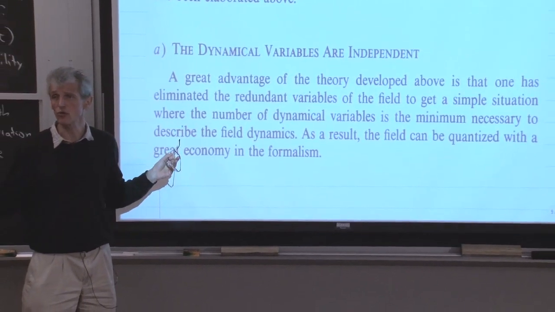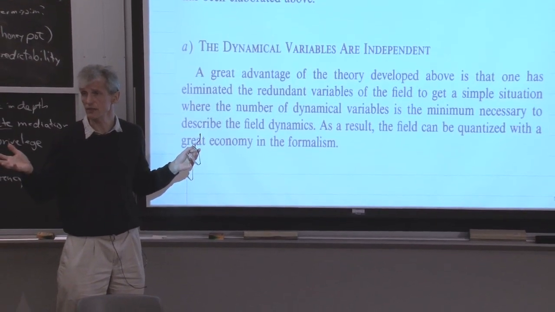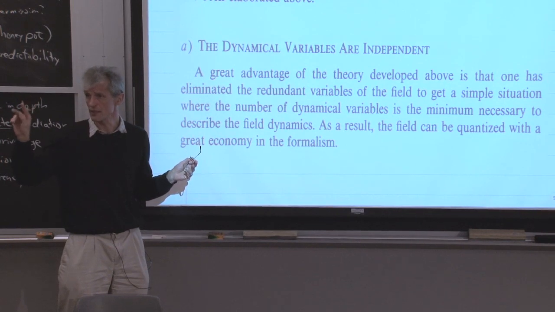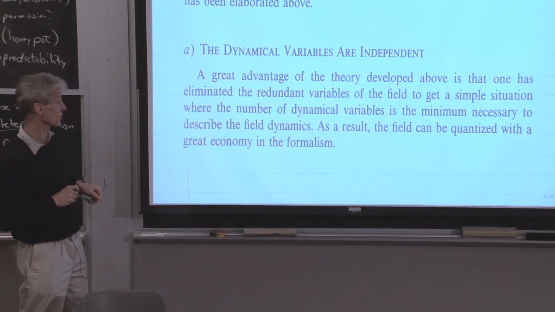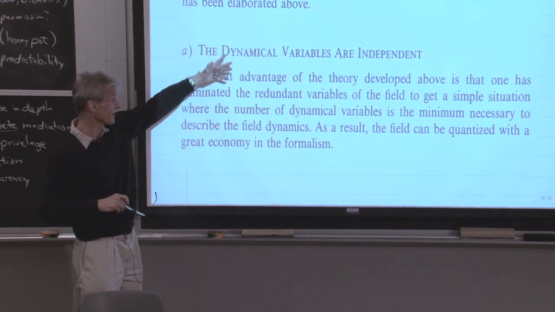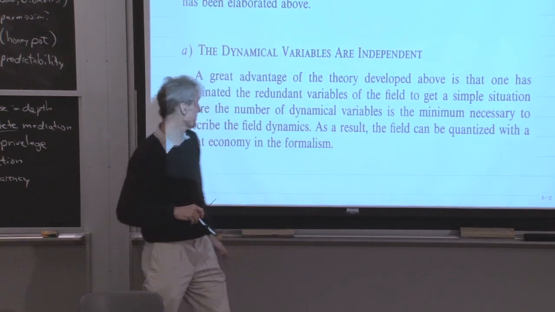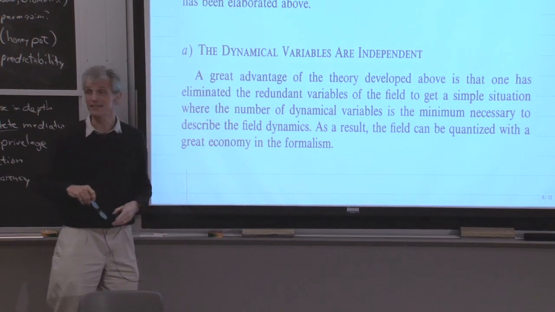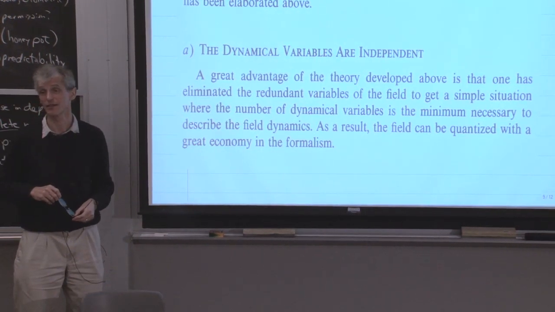We started with 6 components of the electric and magnetic field and reduced it to 2 components, the 2 components of the transverse vector potential. And as those masters say, as a result, the field can be quantized with a great economy in the formalism.